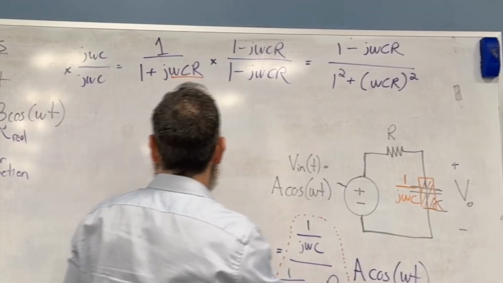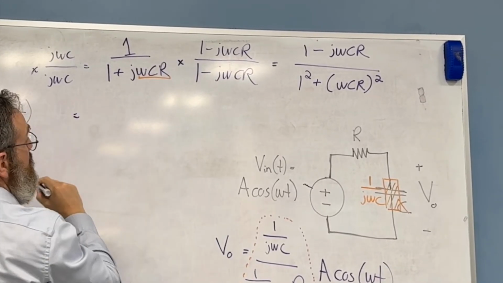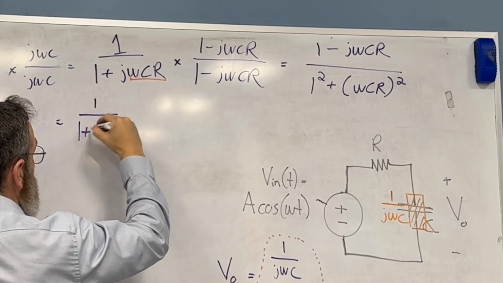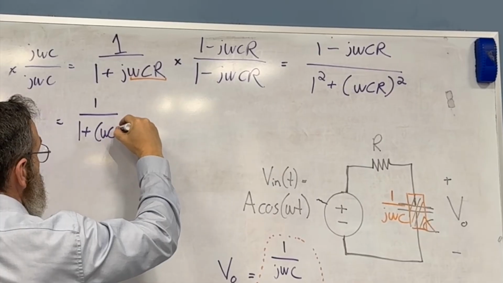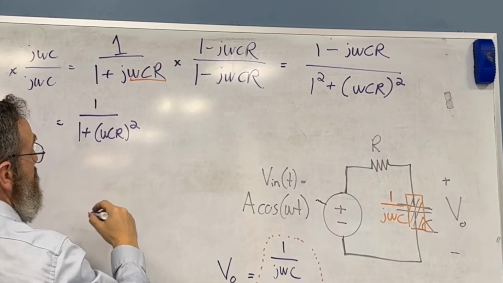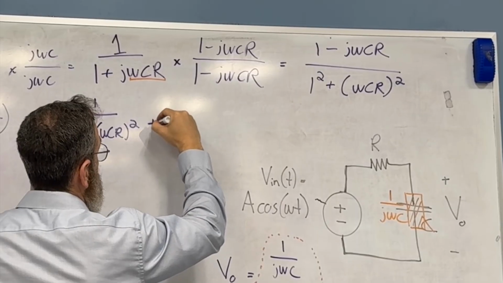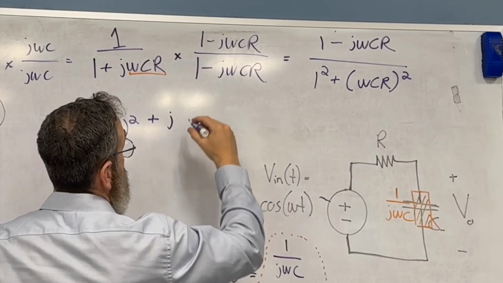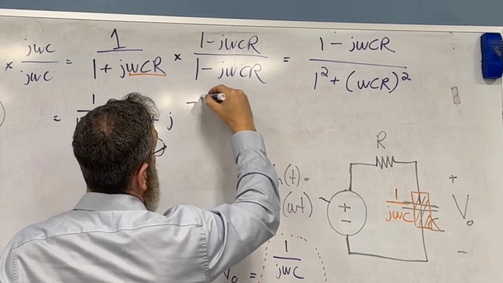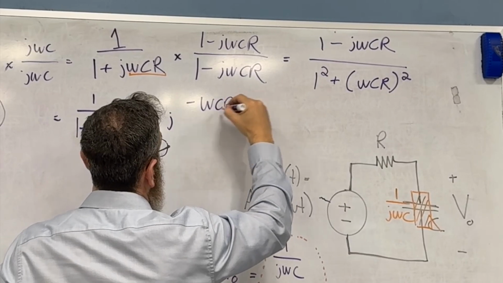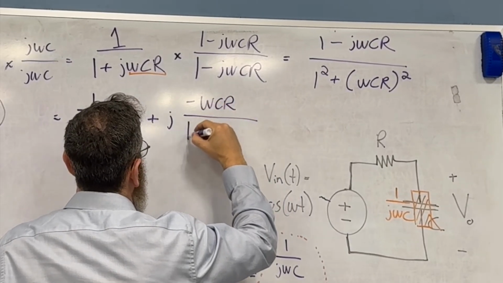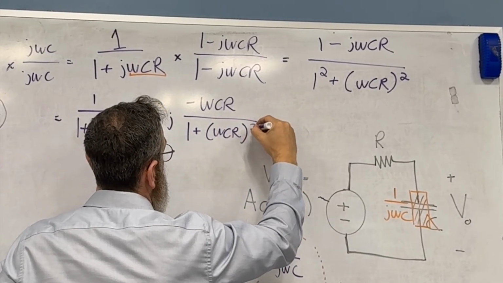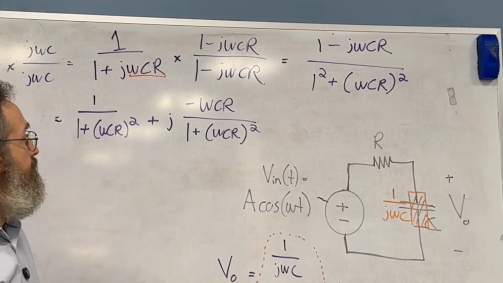Because this can be rewritten as, and I think you can almost see it without me rewriting it, 1 over 1 plus ωCR squared, plus J times negative ωCR over 1 plus ωCR squared, if I did that right.